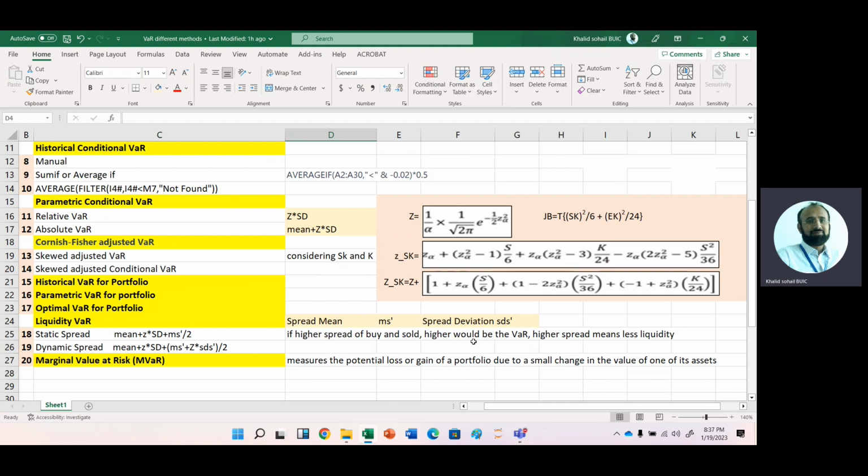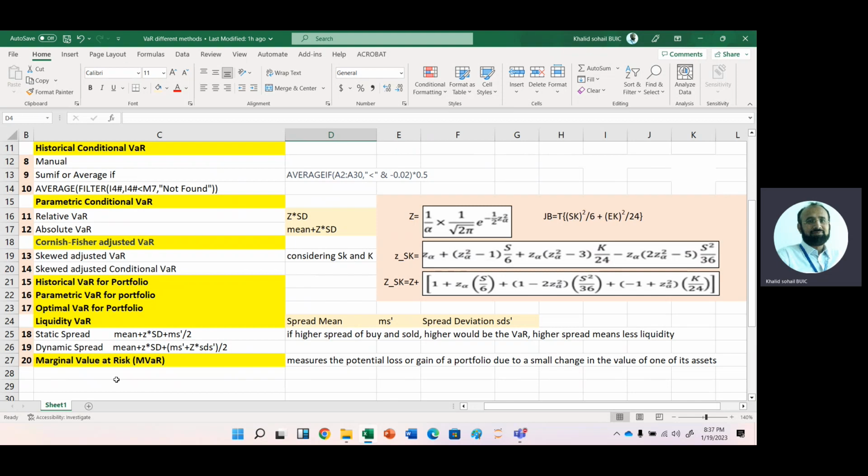As the spread increases, we have less liquidity. So to tackle this liquidity problem, we have static liquidity risk as well as dynamic liquidity risk. In static spread, we just account for the mean spread value, and in dynamic spread, we also take into account the volatility of this spread with the help of this formula.